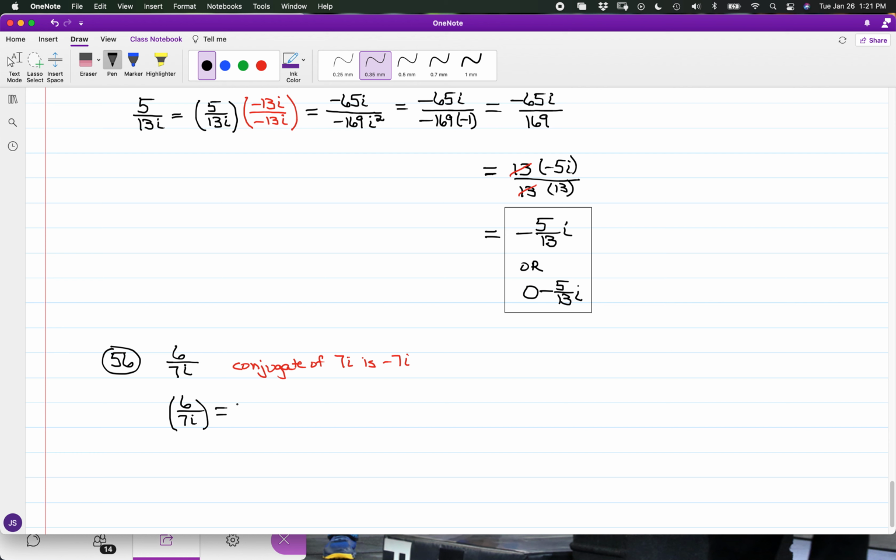So for 6 over 7i, I'm going to rationalize this using the conjugates, multiplying by 1 in the form of negative 7i over itself.